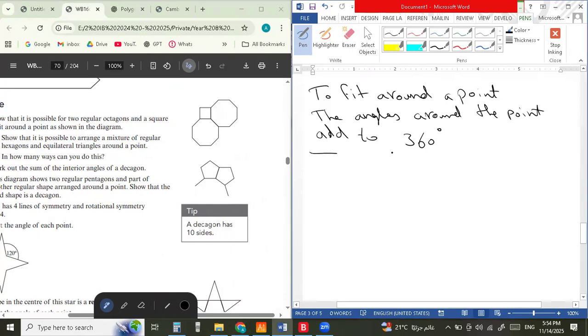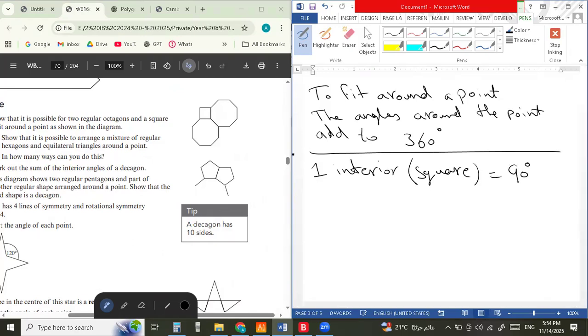Now let's prove this. One interior angle in the square, we know that it is 90 degrees. So here is this angle, 90 degrees. One interior angle inside an octagon, because they told you this is an octagon.